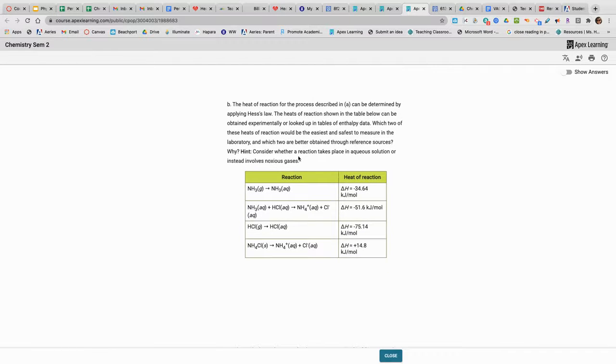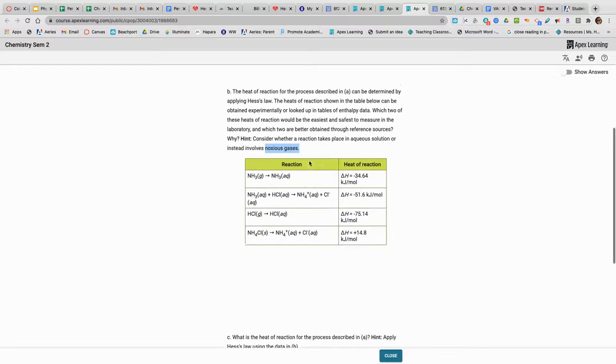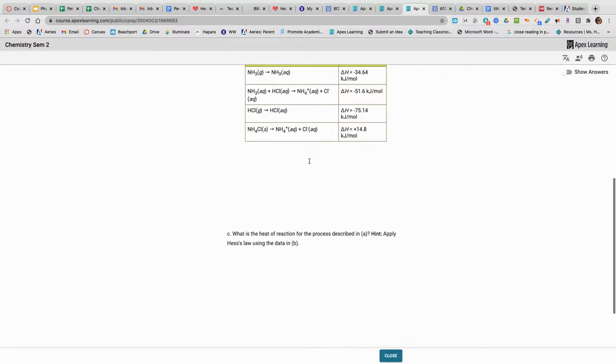So then it says, consider whether the reaction takes place in an aqueous solution or involves noxious gases. So anyone that is aqueous can easily be replicated in the lab, but if you have noxious gases, then those are better to just get off of a reference table and not run in a lab. Okay, so just keep those in mind when you're choosing.